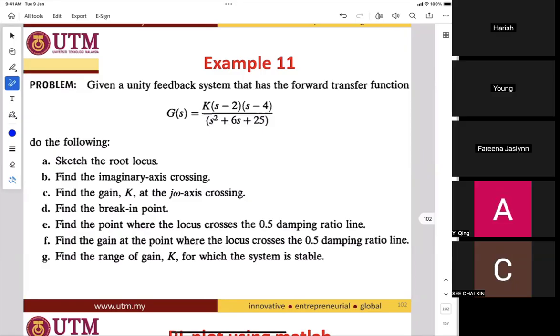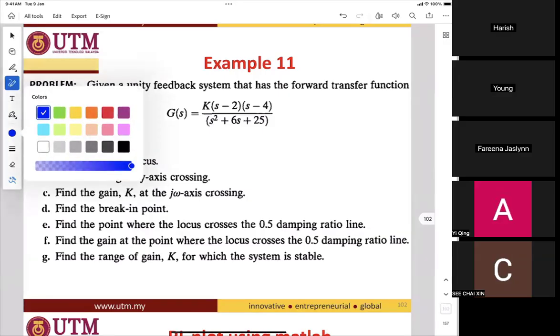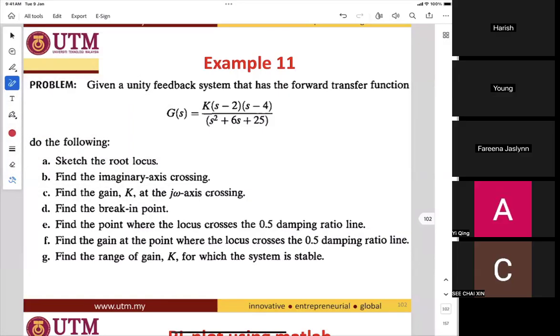B. Find the imaginary axis crossing. C. Find the gain K at the j omega axis crossing. D. Find the break-in point. E. Find the point where the locus crosses the 0.5 damping ratio line. F. Find the gain at the point where the locus crosses the 0.5 damping ratio line. G. Find the range of gain K for which the system is stable. Thank you.